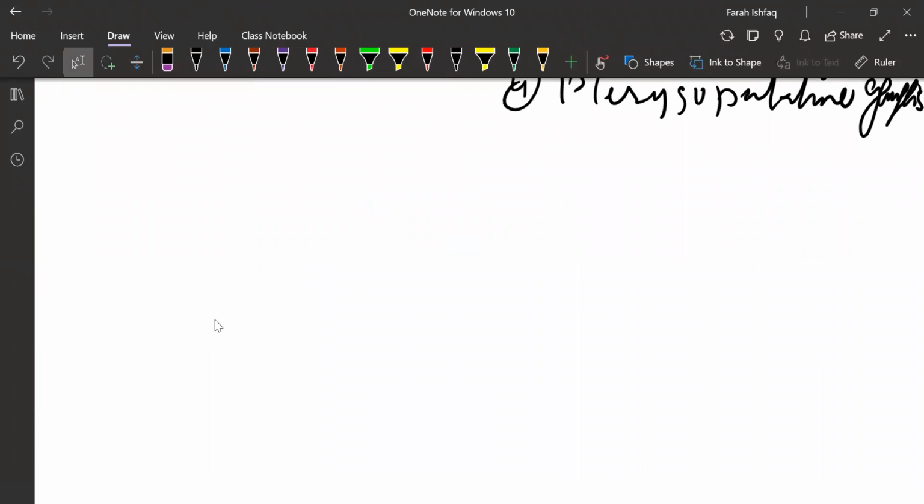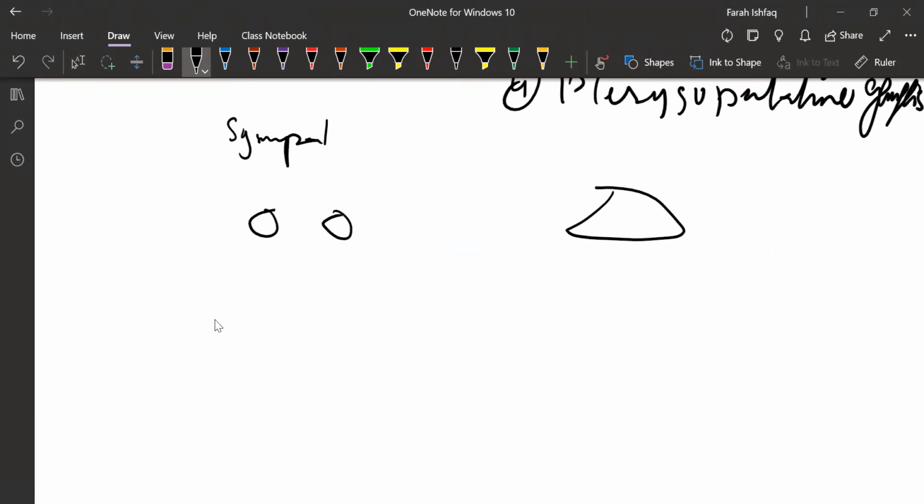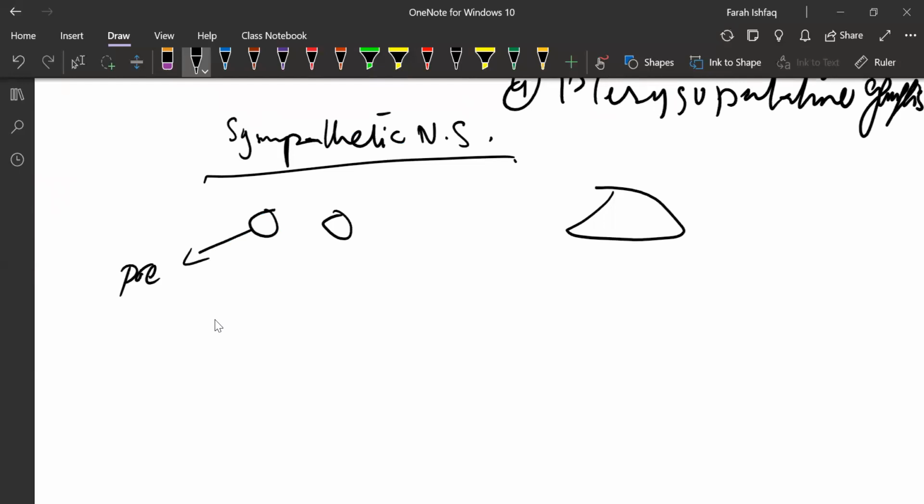As I told you in the beginning, the autonomic nervous system is a two neuronal pathway. In the sympathetic nervous system, this is the preganglionic neuron, which is located in the spinal cord, and this is the postganglionic neuron, whose locations I have told you, and this is the organ.